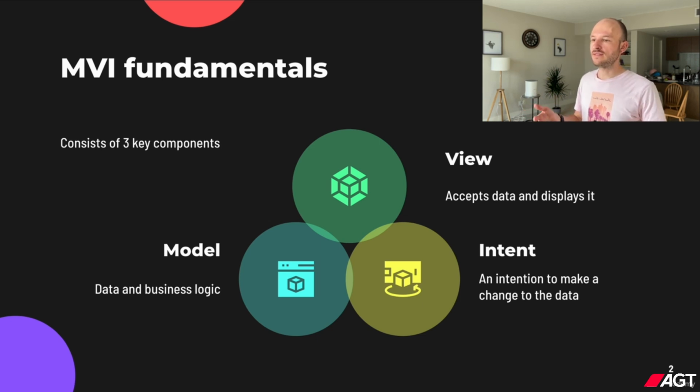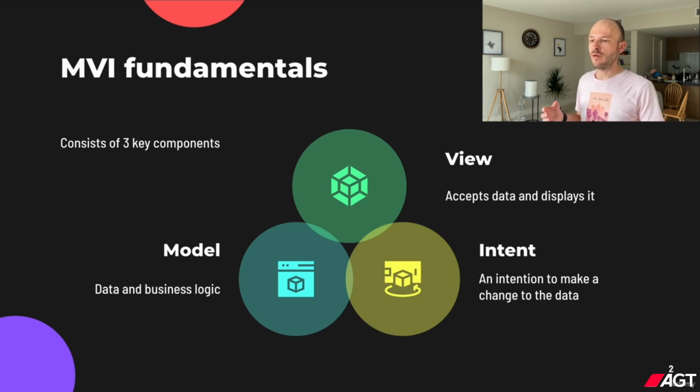Intent. This is the most misunderstood thing about MVI, as naming clashes with Android's intent. In the Android system, intent is a mechanism that allows applications to communicate with each other. Also, it allows one application to call another application implicitly or explicitly.